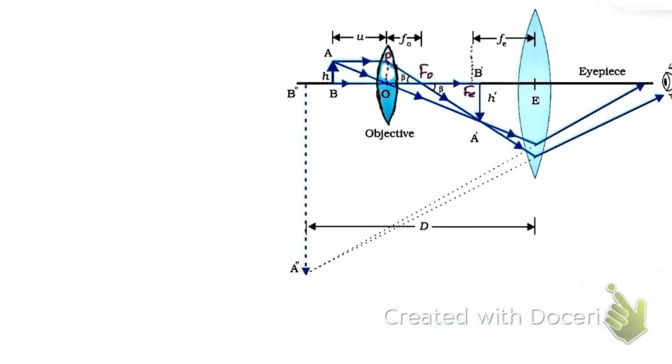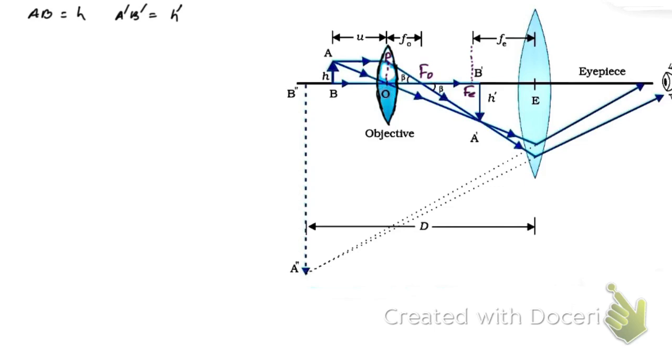Let me mention a few things before. AB has height h, and A'B' has height h'.